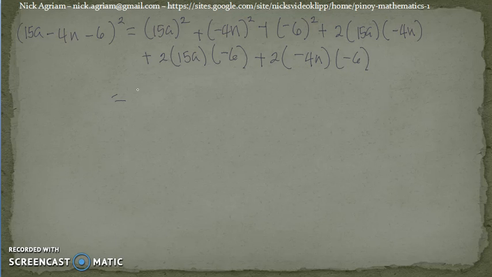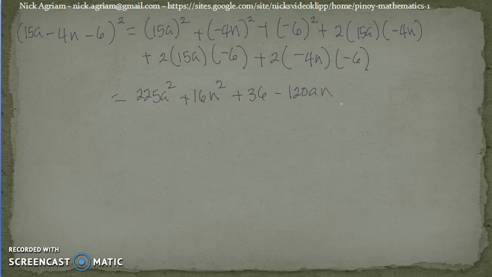Then we have the products. 15 times 15 is 225, I hope. And then we have plus 16n squared. And then we have plus 36. Then we have 30 times 4. We have negative 120an, I hope so. 30 times 4 is 120.